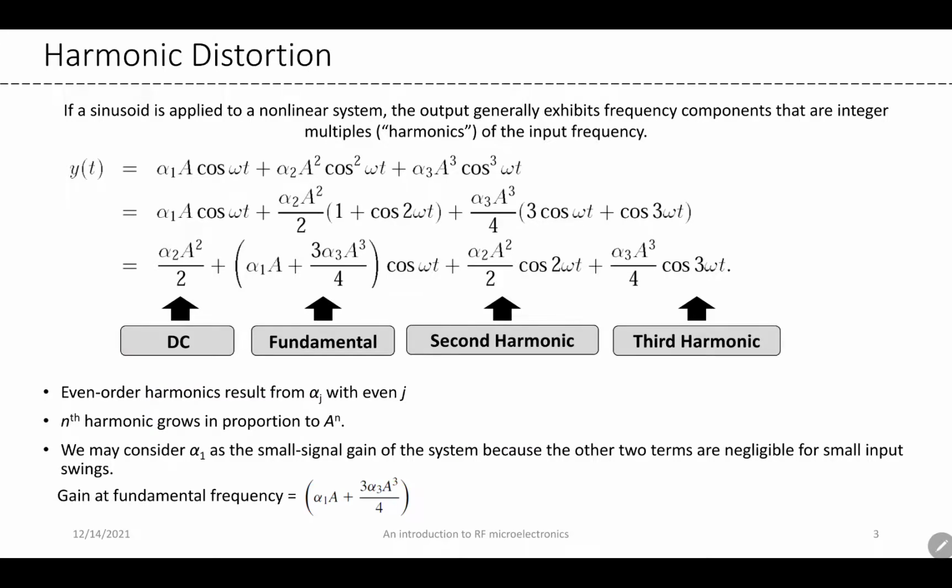So let's start. To start with, we have to understand where nonlinearity comes from, at least mathematically.